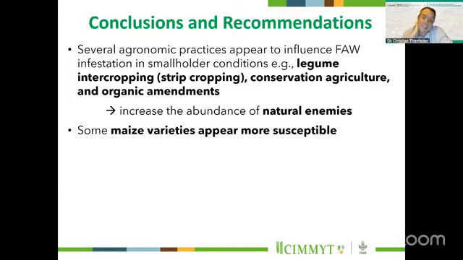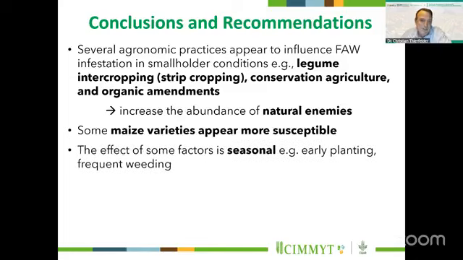Some maize varieties appear to be more susceptible. We learned that from Prasanna in more detail. Now we are a few years later. We have these tolerant varieties now that help, of course, in reducing. So combinations of the cultural practices and the good new elite varieties will really help us reduce those damages. And these technologies are in reach of smallholder farmers.